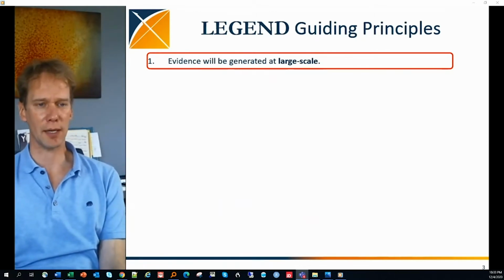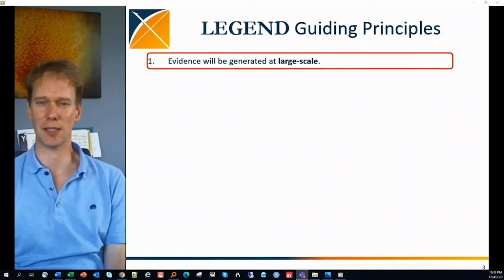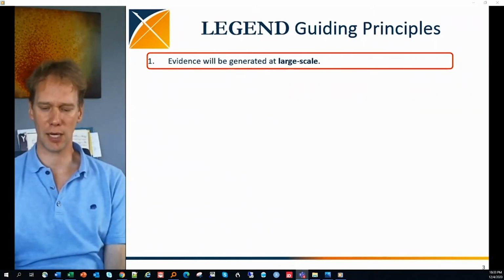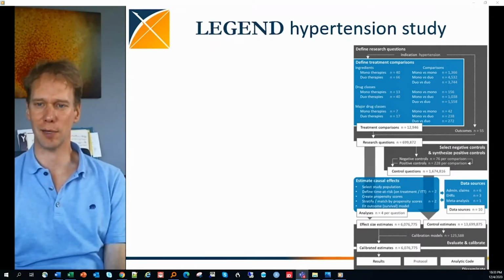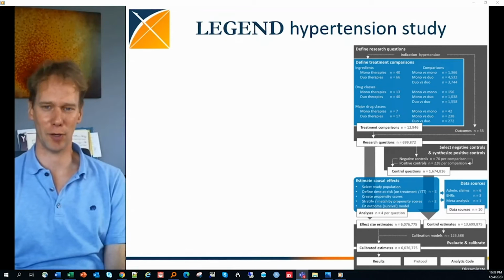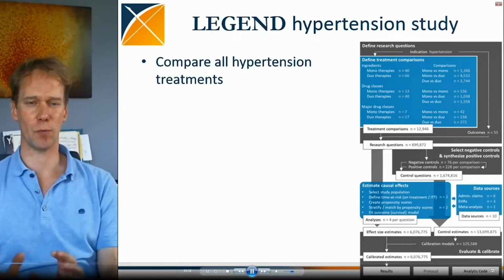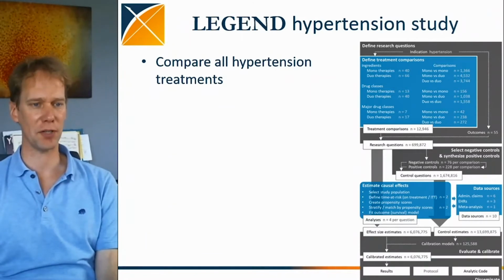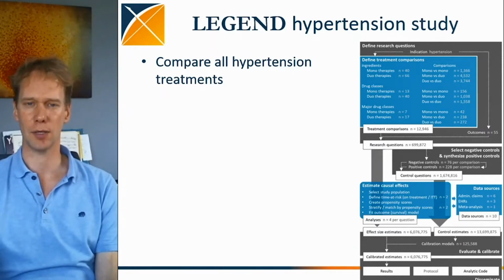So the first one is that evidence will be generated at large scale, as the first letter of LEGEND implies. But what do we mean by large scale? So what I'm showing you on the right is a complicated diagram that tries to explain all the analysis that we did in our LEGEND hypertension study, our most recent LEGEND study. Let me summarize that what we did is we compared all hypertension treatments that we could find, both monotherapy, but also combination therapies.